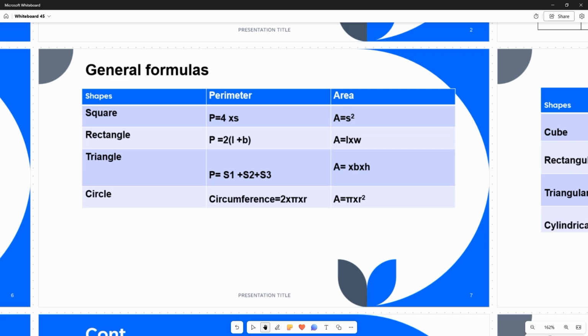So perimeter of that, since it's the distance around the object, we multiply. Perimeter is equal to 4 times the side. Because on a square, they put one side only. You just take that side and you multiply by 4. That gives you the perimeter of that square.